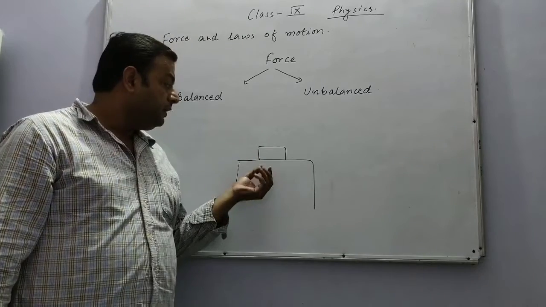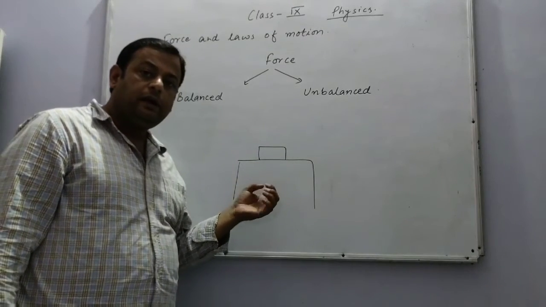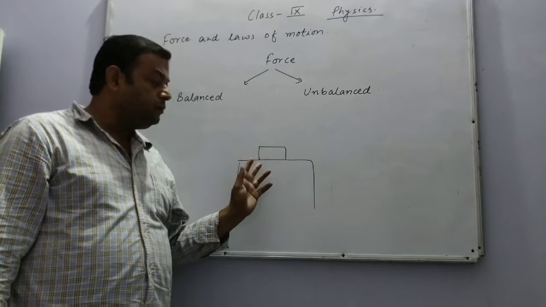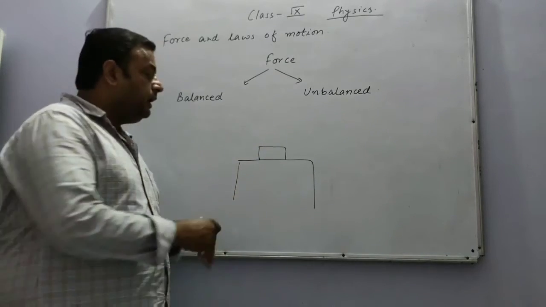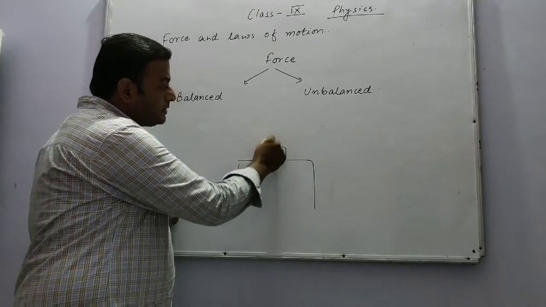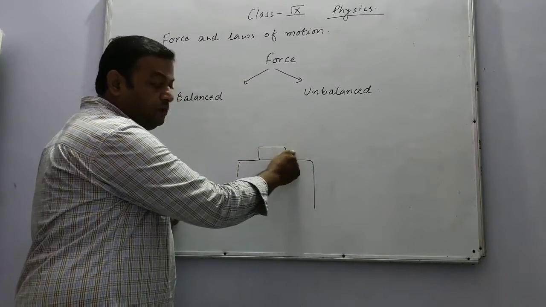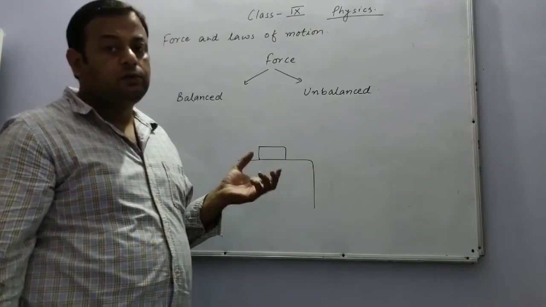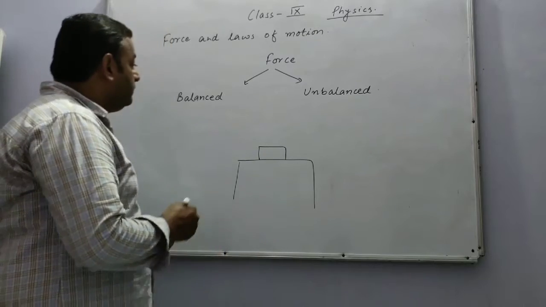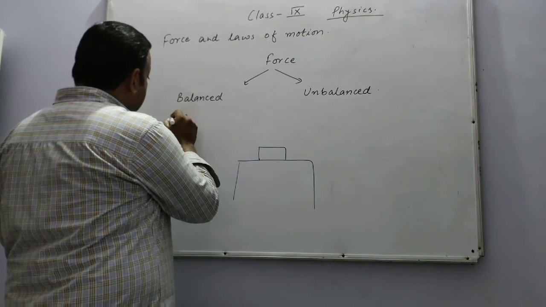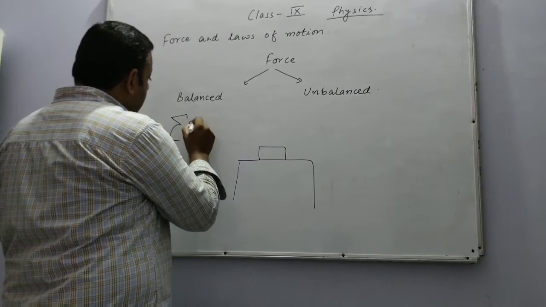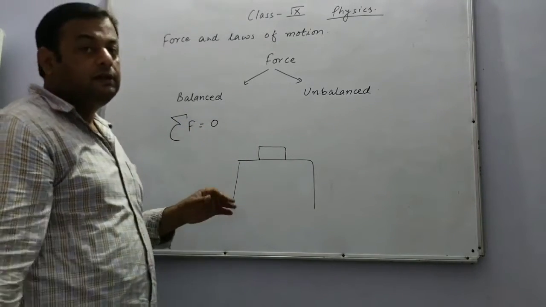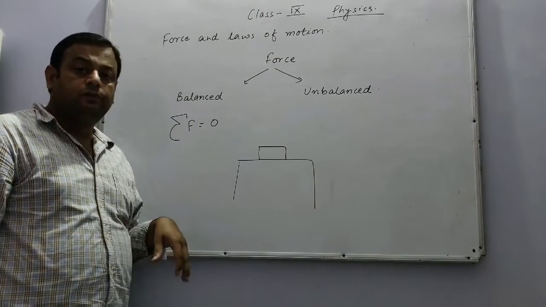So we can say that the book is lying on the table and it will remain on the table, because all the forces acting on the book, whether acting downward, upward, from left to right, from right to left, or from any direction, sum to 0. So in the case of balanced forces, sigma F is equal to 0.